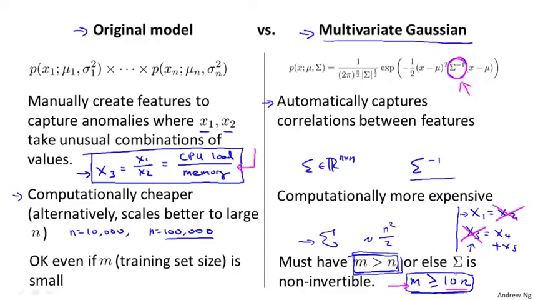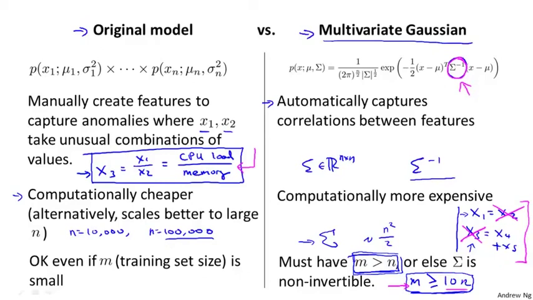As an aside, for those of you that are experts in linear algebra, by redundant features, the formal term is features that are linearly dependent. But in practice, what that really means is one of these problems tripping up the algorithm, and if you just make your features non-redundant, that should solve the problem of sigma being non-invertible.